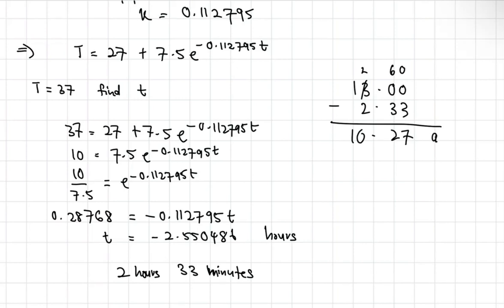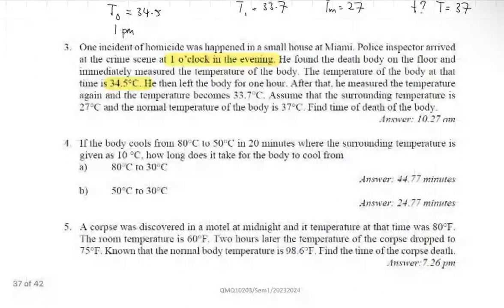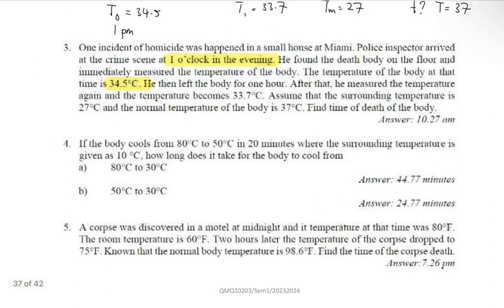So about at 10:27 a.m. The body was alive at 10:27 a.m. Then after that, he died.